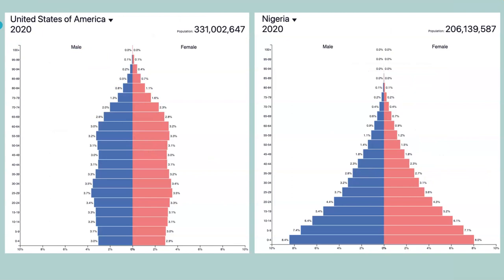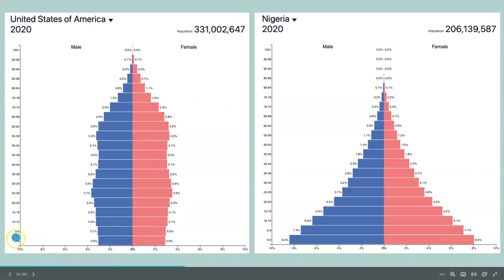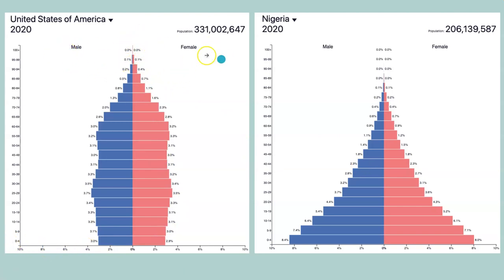For example, this is the United States of America in 2020, and this is Nigeria in 2020. In the same year, regardless of the population size, these are the proportions of the people within that age group by gender, male and female.